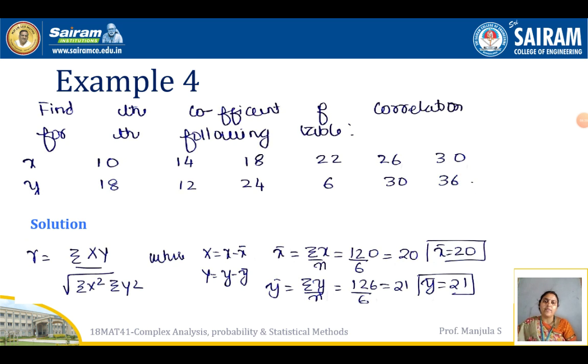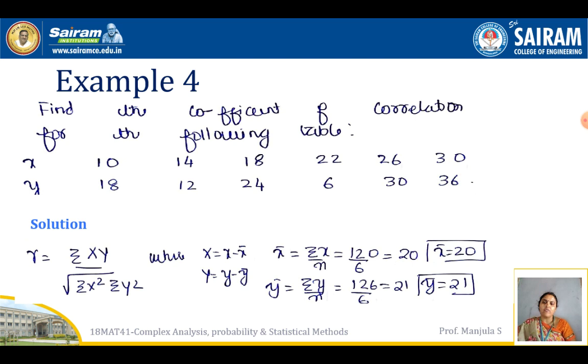Find the coefficient of correlation for the following table. So here the correlation coefficient, that is the R value, we have to find out. Once again the x values are 10, 14, 18, 22, 26, 30 and the y values are 18, 12, 24, 6, 30 and then 36.